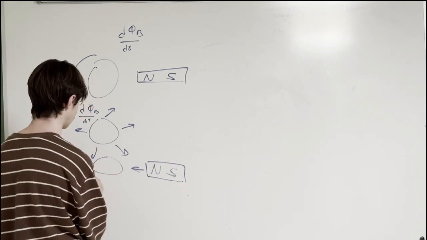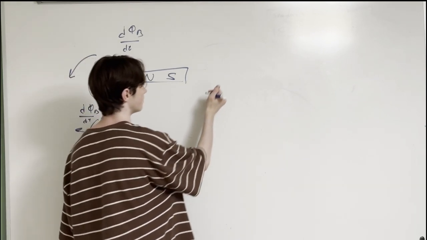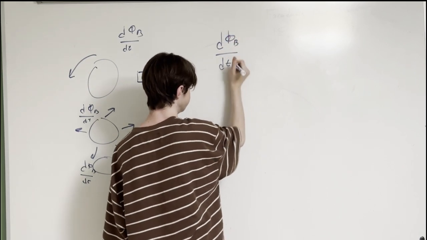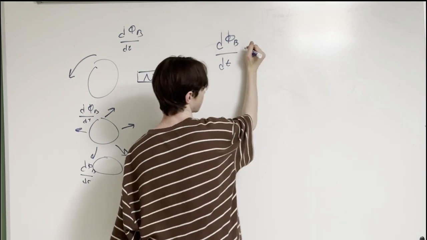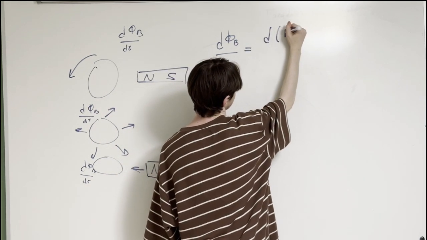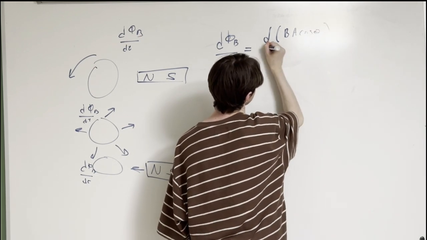That will also create a change in magnetic flux. So when we're calculating d magnetic flux dt, we'll use whatever specific formula for the magnetic flux through that surface. And the general one just might be d, for example, BA cosine theta, dt.